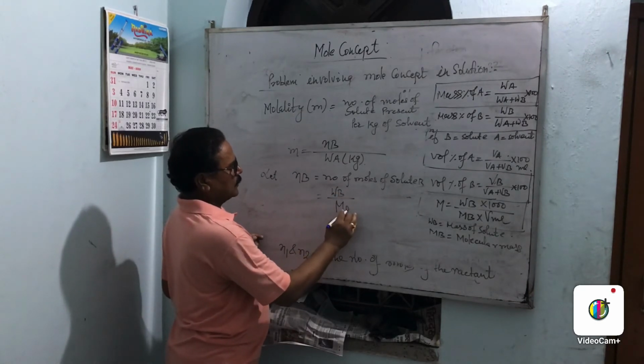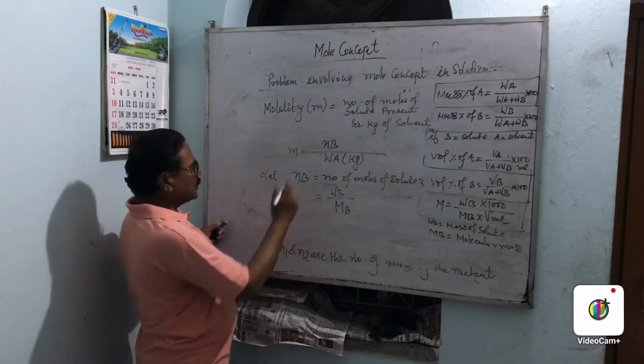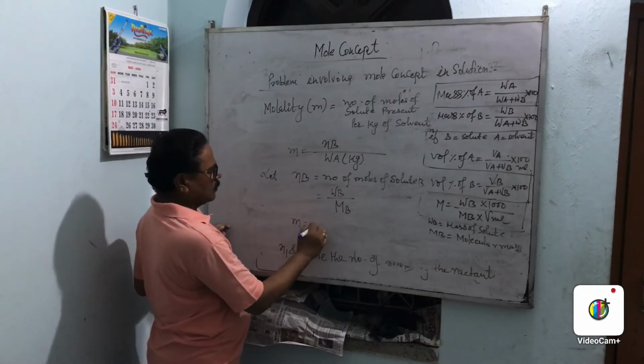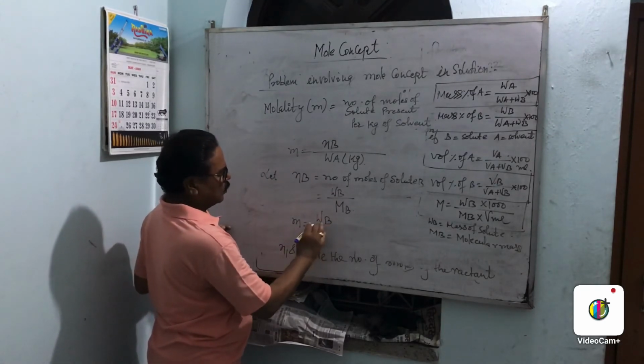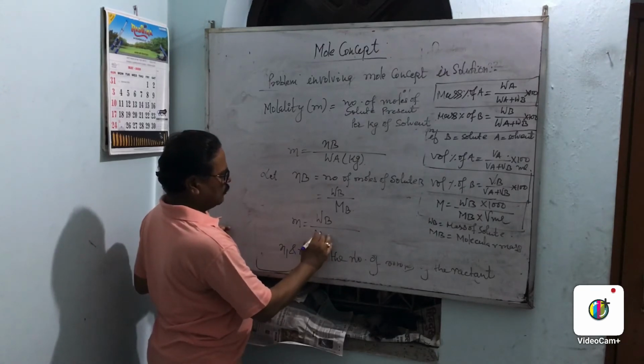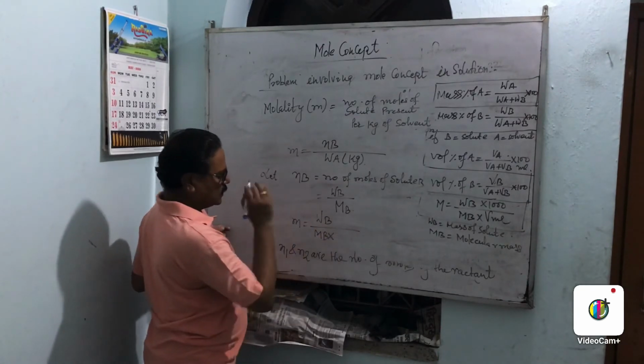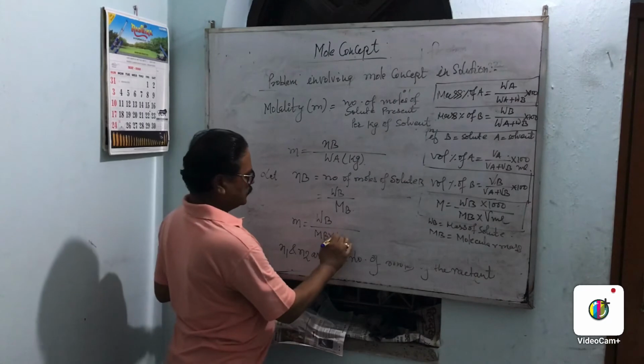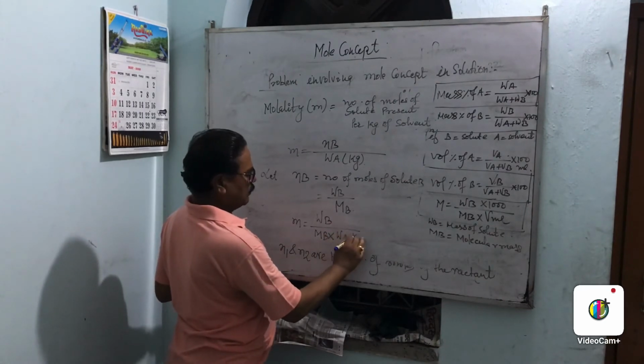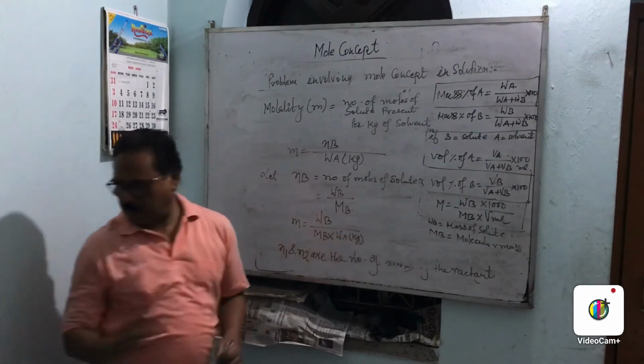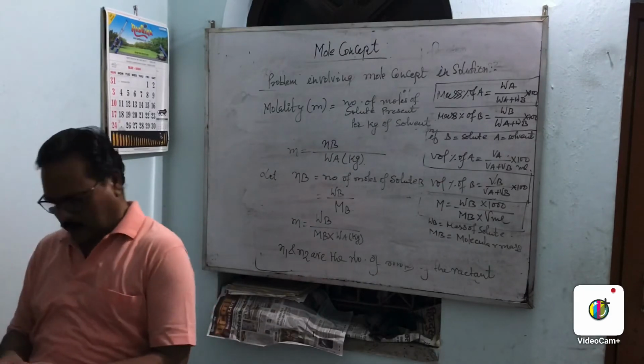So the mathematical expression we deduce is Wb by Mb, and this is Wa in kilogram.